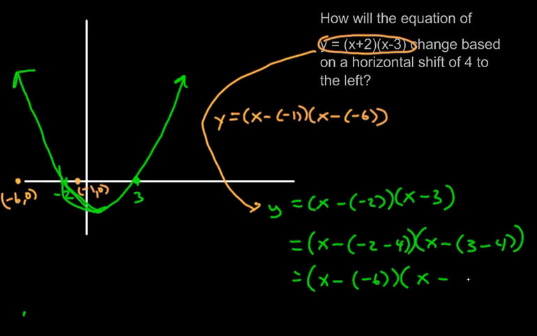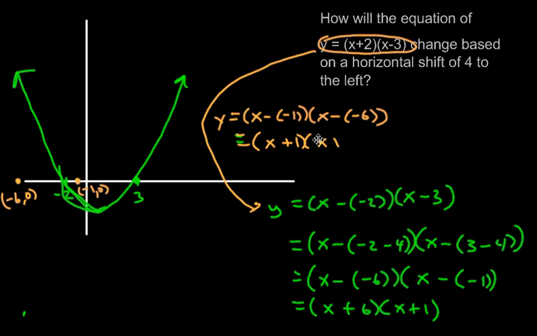And x minus, 3 minus 4, which is -1. So we could rewrite it, maybe not necessarily simpler, as (x + 6)(x + 1), which is equivalent to this one that we visually came up with: (x + 1)(x + 6).